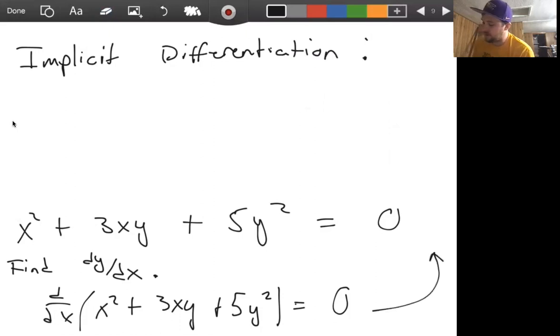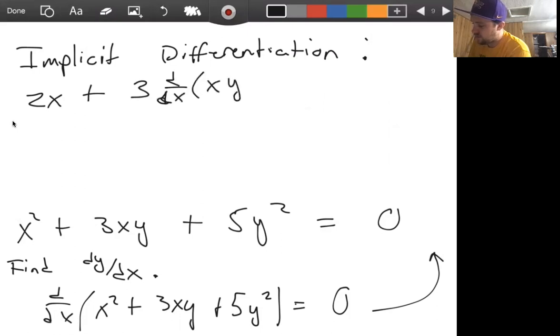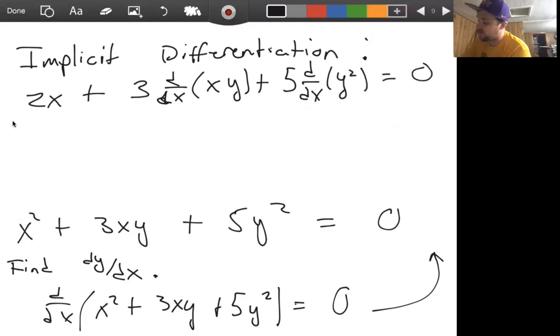Okay, well then what we would do is we would get 2x plus 3 times the derivative with respect to x of x times y, plus 5 times the derivative with respect to x of y squared, equals 0.